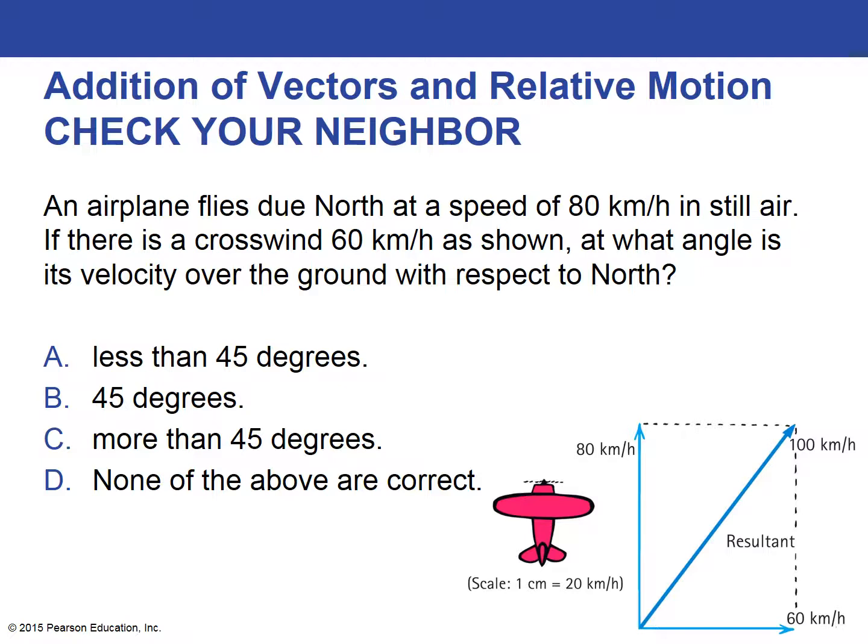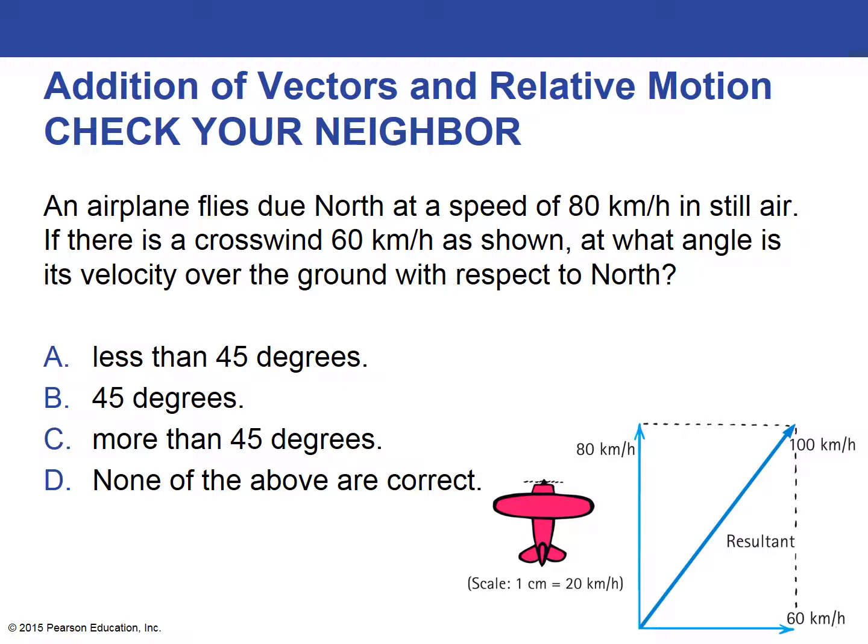But now we consider a case where that same airplane is placed in a crosswind of 60 kilometers per hour. And as you would expect, the pushing of the air against the plane is going to give it a component that is no longer just in the northern direction, but also in the easterly direction as well.